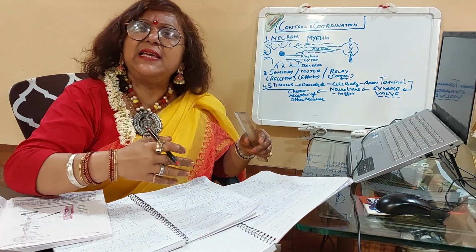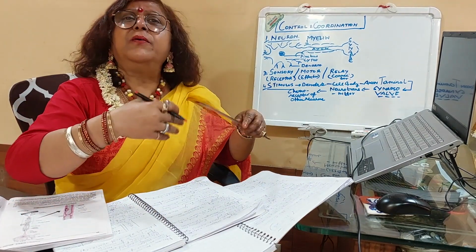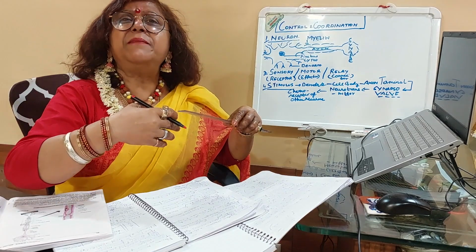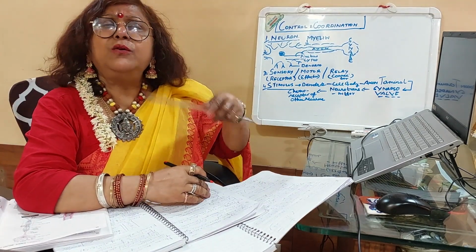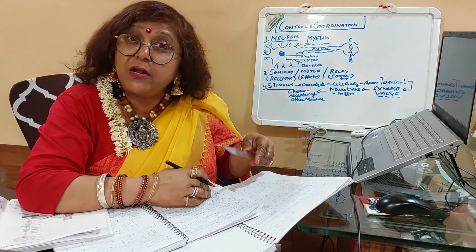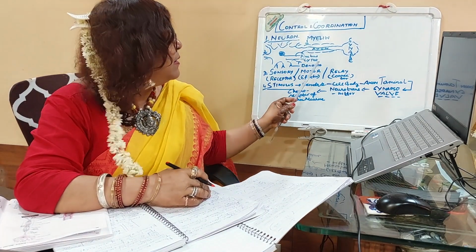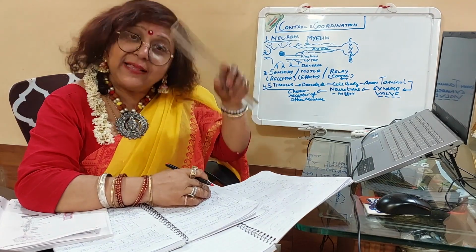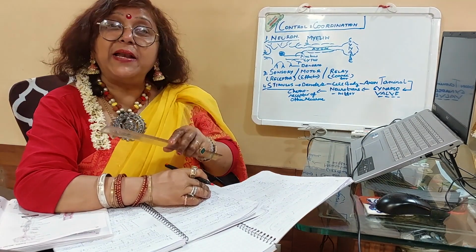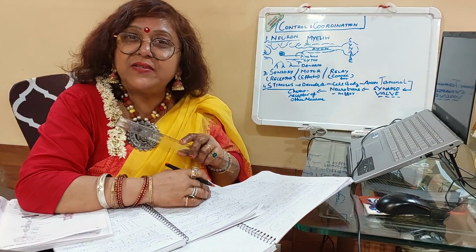And after analyzing and interpreting the message, the brain will send the signal in the form of a nervous impulse to another neuron known as the motor neuron. So the motor neuron carries the message away from the brain and the spinal cord, because brain and spinal cord are the two parts of the central nervous system.